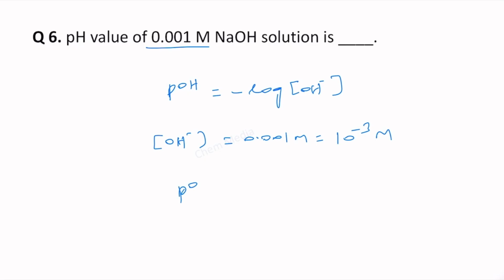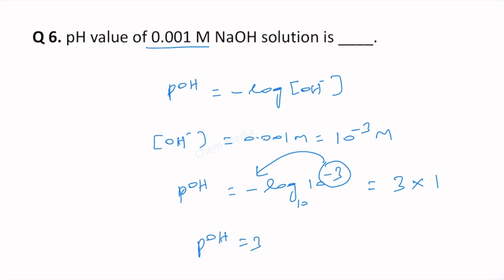Therefore, pOH is equal to negative logarithm of 10 to the power minus 3. So, we can bring the minus 3 over here, that will become positive, therefore 3, and log 10 base 10 is 1.